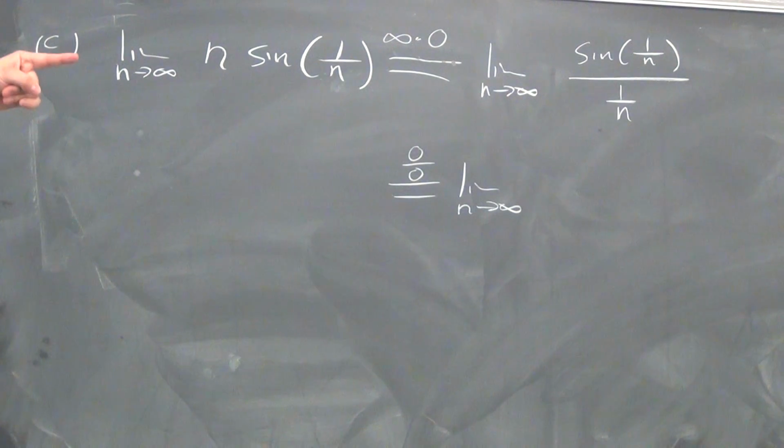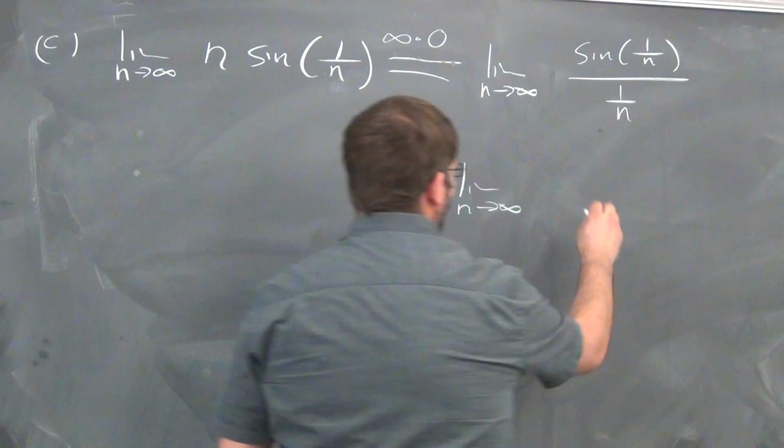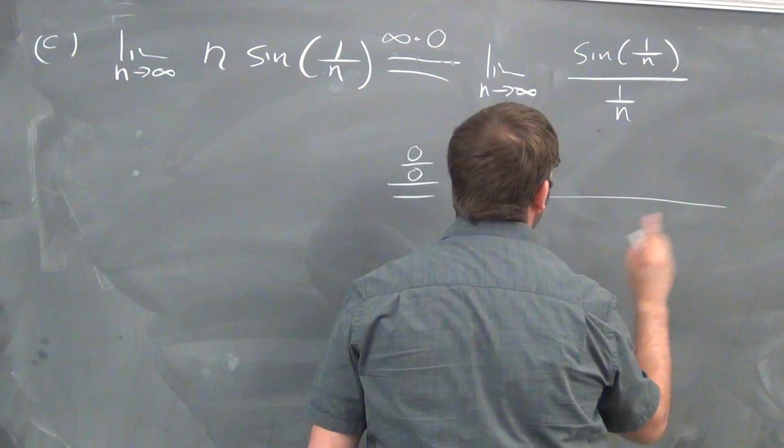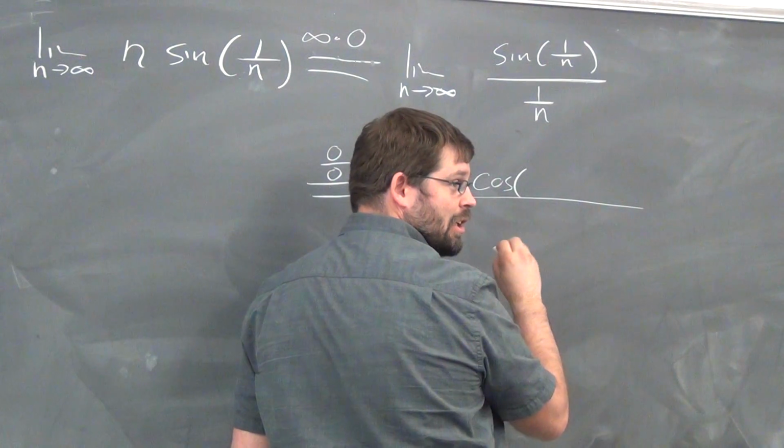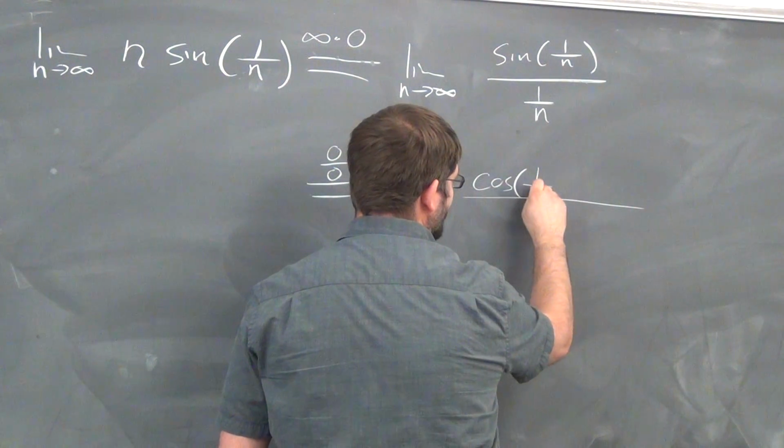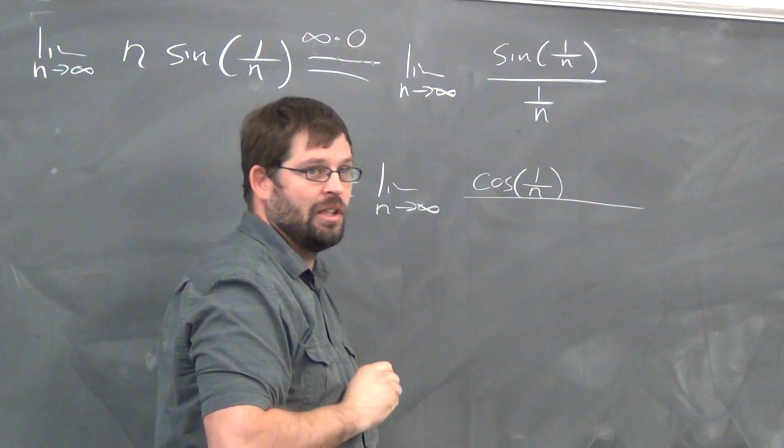So our f is that sine of 1 over n. Our g is the 1 over n. So what's the derivative of sine of 1 over n? Positive cosine of 1 over n. And then are we done or no?